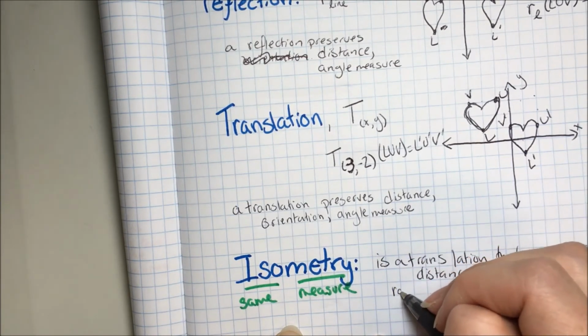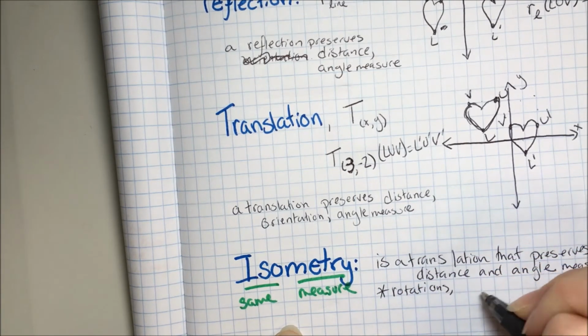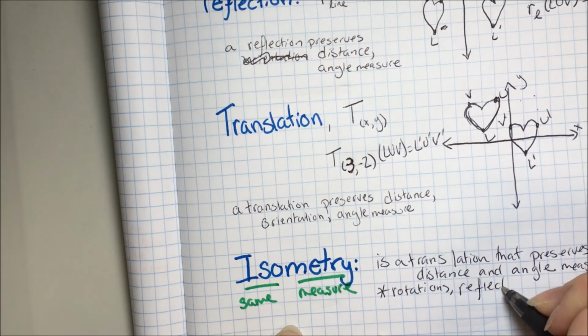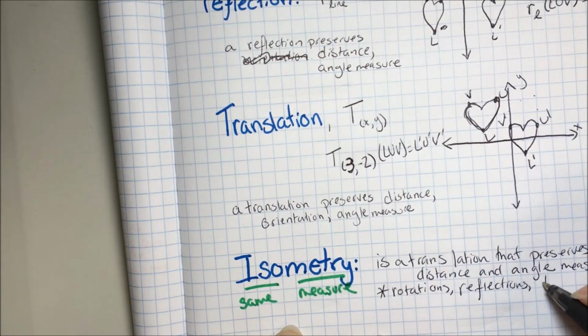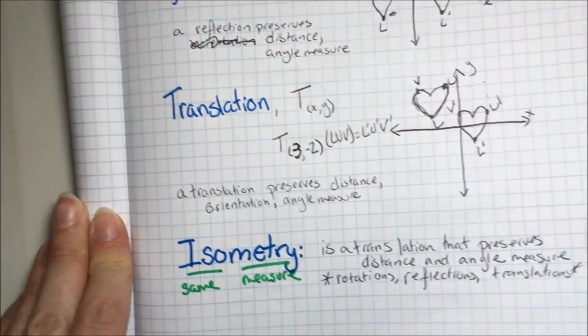So rotations, reflections, and translations are all isometries. So you're thinking, what is not an isometry then?